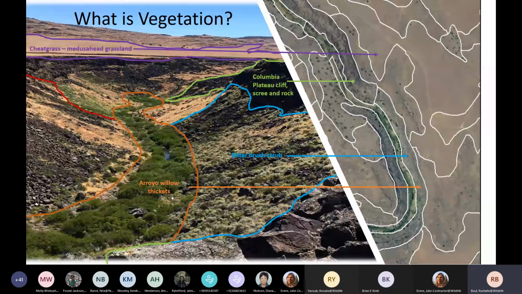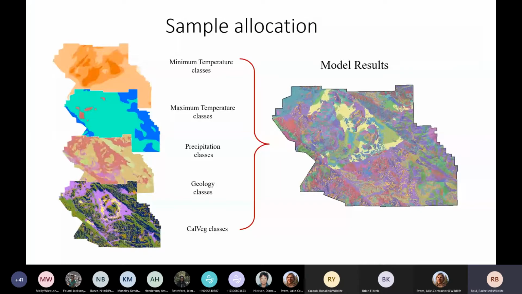And a good sample allocation will capture all the vegetation types within your study area and distribute your samples evenly across the study area, while also making sampling more efficient by reducing travel time and also reducing the potential for autocorrelation, which is basically when you have two samples that are too close to one another and are essentially within the same stand.